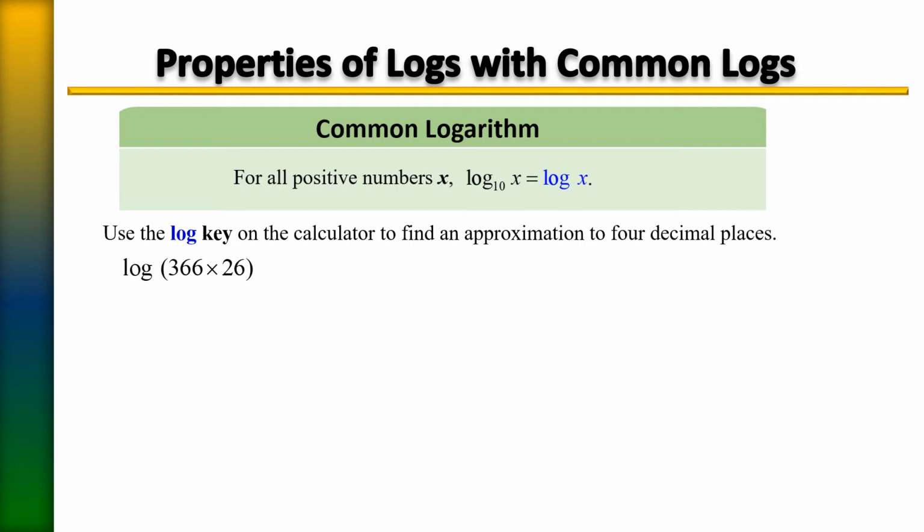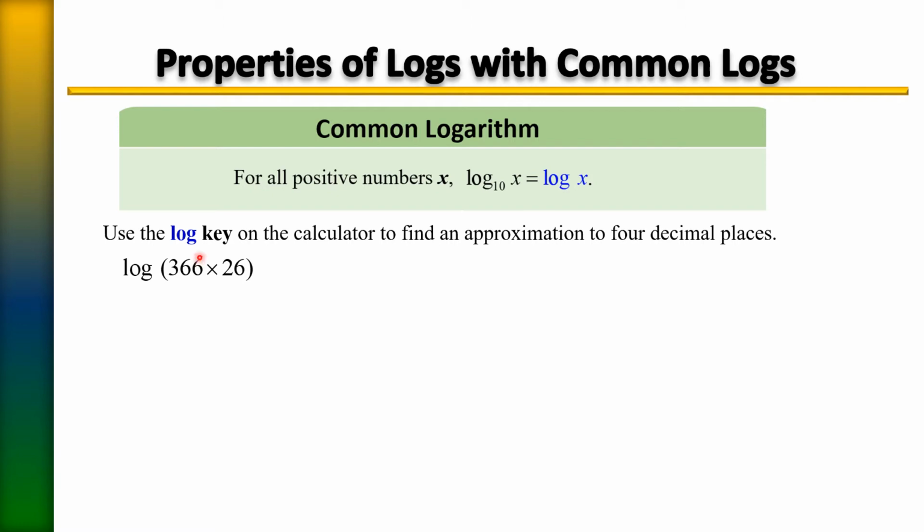Now here we have finding the common log of 366 times 26. And we know it's the common log because you don't see a base there, so we understand the base to be 10. You can actually do this using the properties of log.